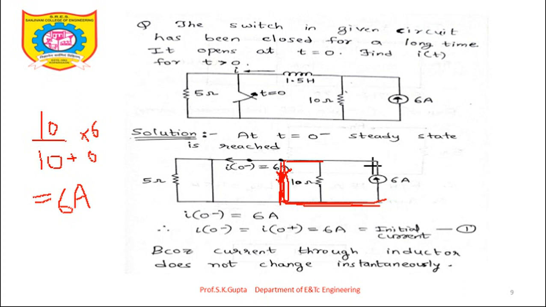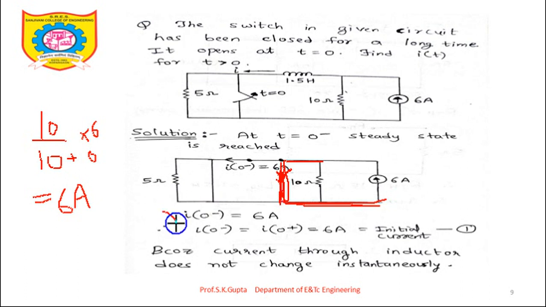Otherwise, if you have a good concept, then in a very short amount of time you can tell that in the short circuit branch all current will flow. Okay, so I have told you both methods, by using current division, or by using the fact that if some resistance is connected in parallel with the short circuit branch, all current will flow through that short circuit branch.